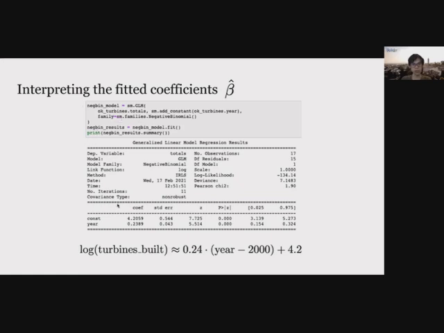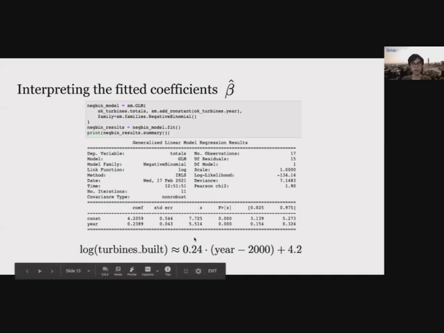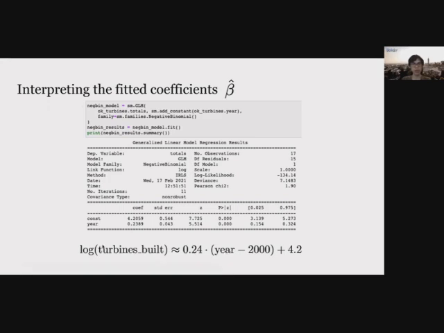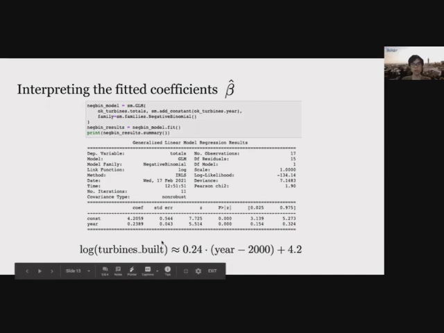And as I said in the last lecture, we can use the coefficients in the output and plug them into the original GLM equation to try to form an interpretation. When we do that, we get an equation of the form: the log of the turbine speed is equal to 0.24 times the difference between the year and 2000, plus an intercept of 4.2.